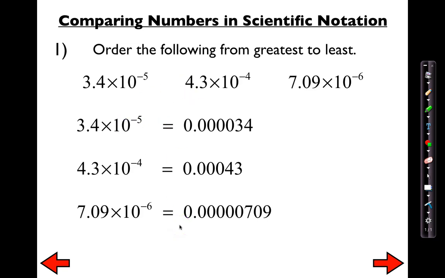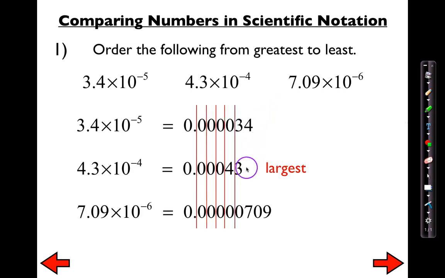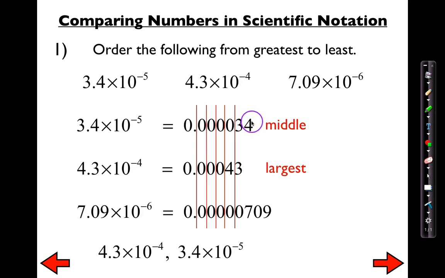I can quickly decide which number is larger, but if you're strictly looking at the decimals, what a good option would be is to kind of separate them like so. So right away, I can tell that this is the largest number. Okay, because the closer the digit is to the decimal, the larger it is. So that's the largest. This would be the middle, and this would be the smallest.